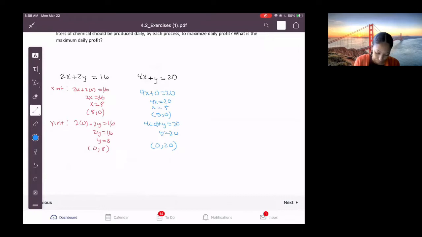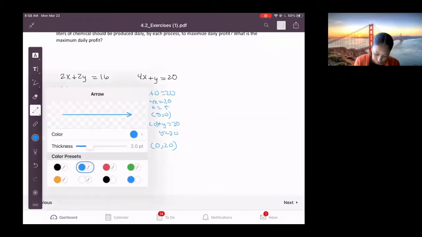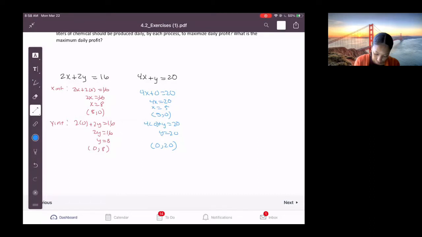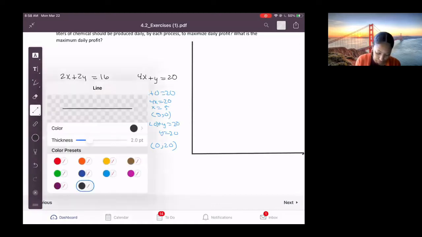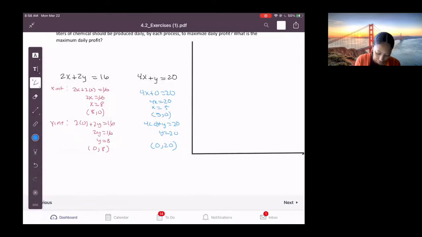Let's see. Ew, that's ugly. Okay, let's try this again. There we go. We know that x and y are both greater than 0, so we're just going to look at the first quadrant. That's going to have to be big enough for today. All right. Label your axes. That's the y-axis.